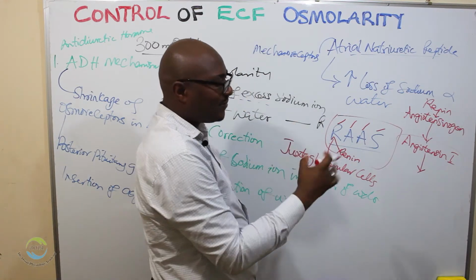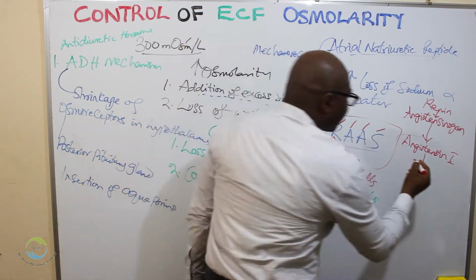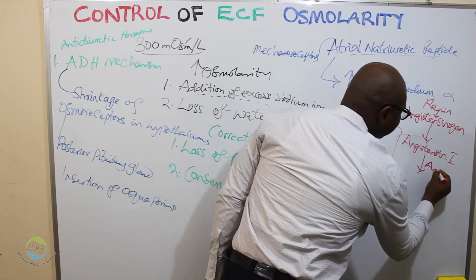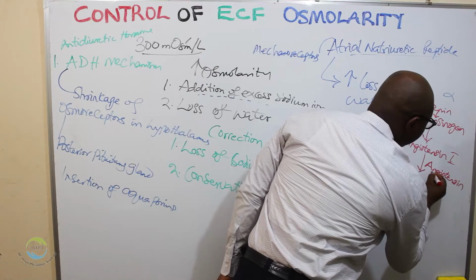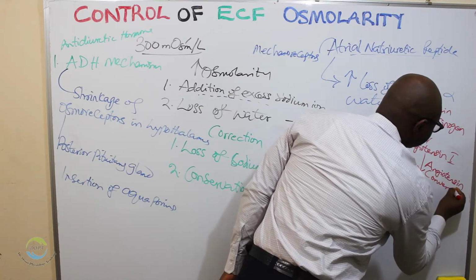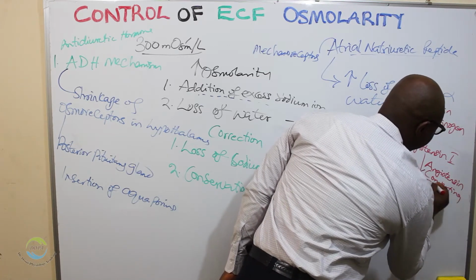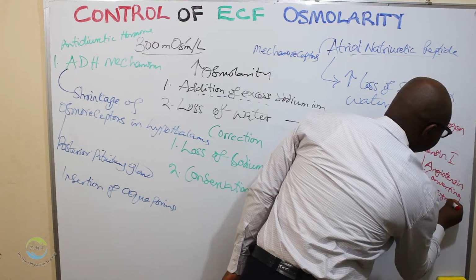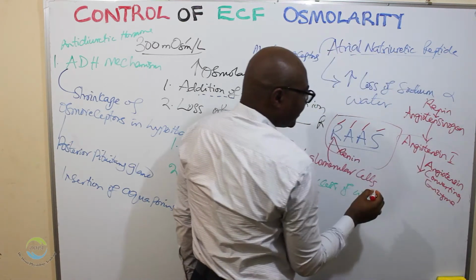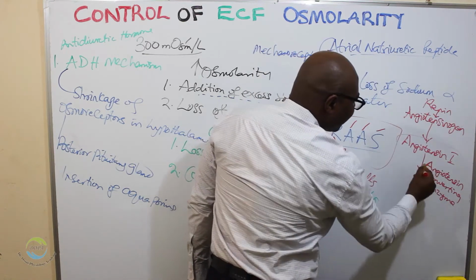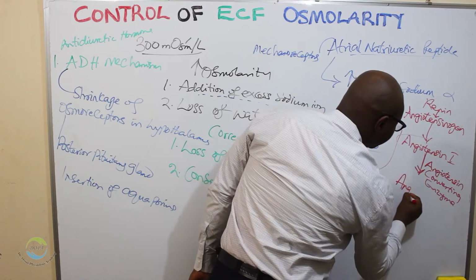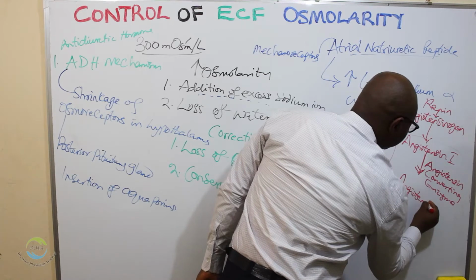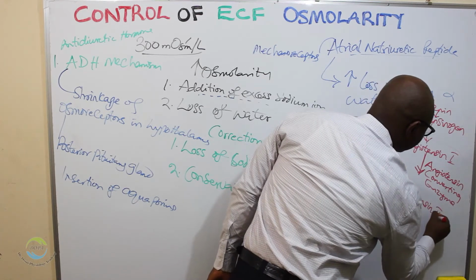So there is an enzyme that now does that. It's called angiotensin converting enzyme. Short form ACE. So this angiotensin converting enzyme converts angiotensin 1 to angiotensin 2.